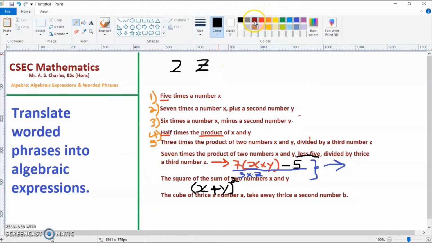Then finally we have the cube. The cube means raised to the power of 3. The cube of thrice, or 3 times a number a. 3 times a number a is 3a.